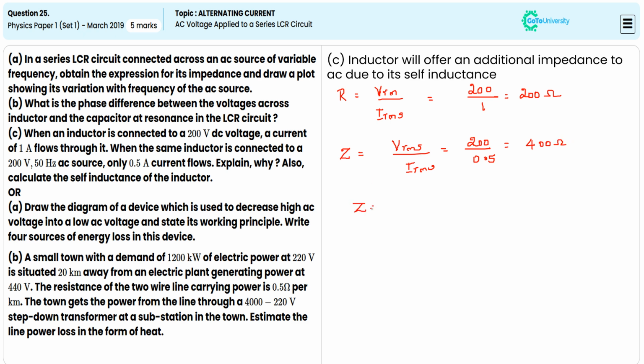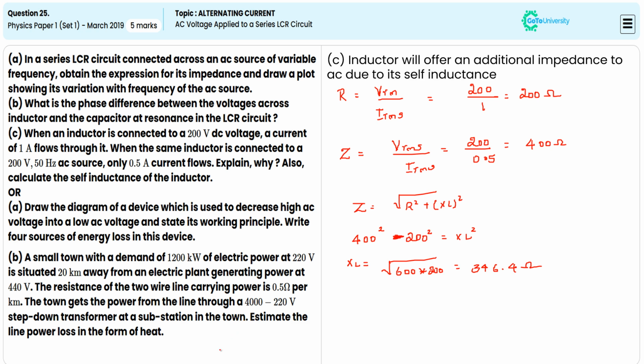Since Z is equal to under root of R square plus XL square, substituting the values, 400 square minus 200 square is equal to XL square. Then XL is equal to under root of 600 into 200, which gives 346.4 ohms.